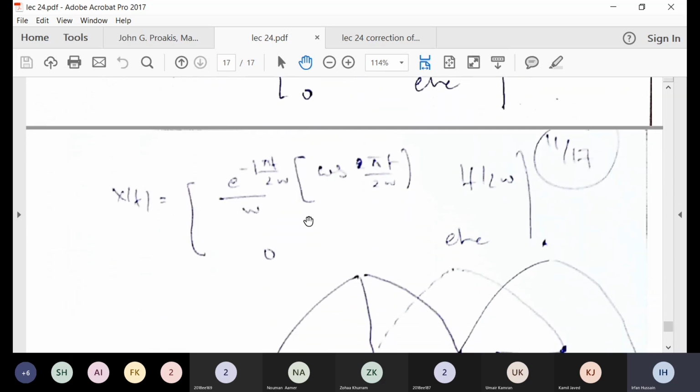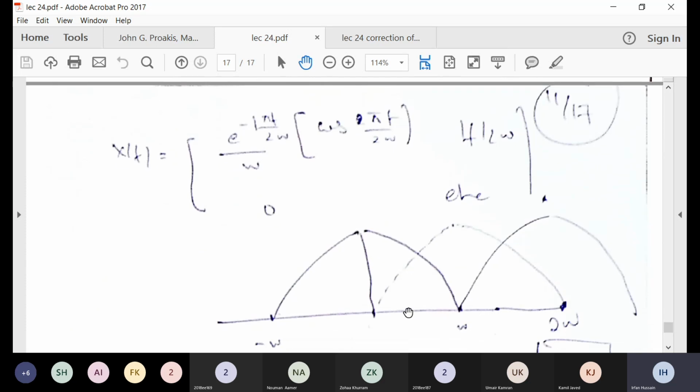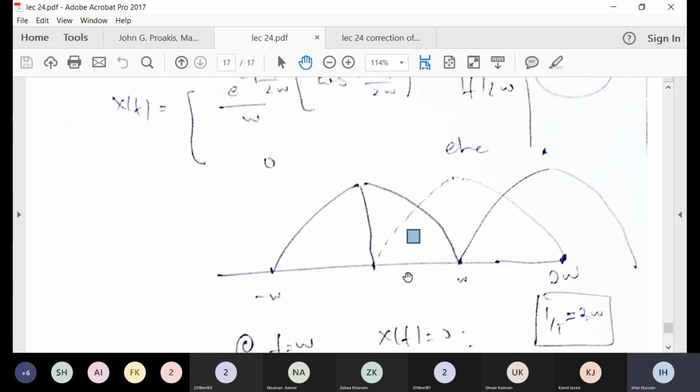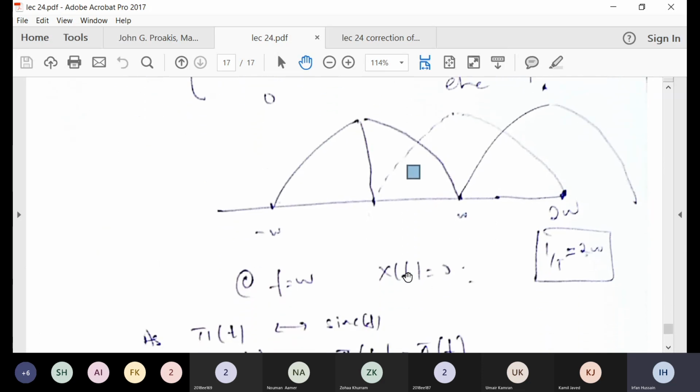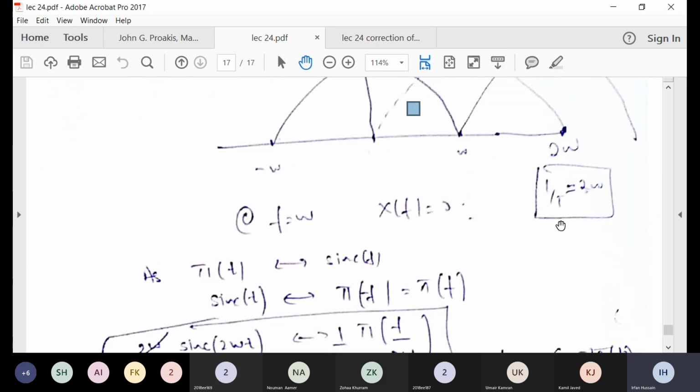You can draw this X of f. It is just a cosine from minus W to W, the phase and value. So I can also take this X of f and take its inverse Fourier transform, and I will get the time domain version of this controlled ISI.